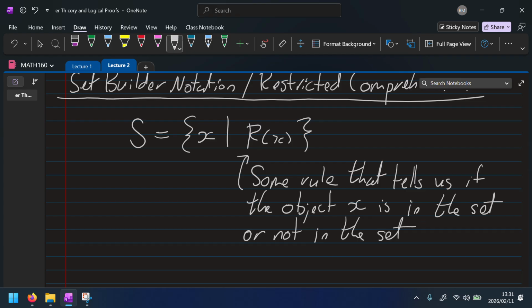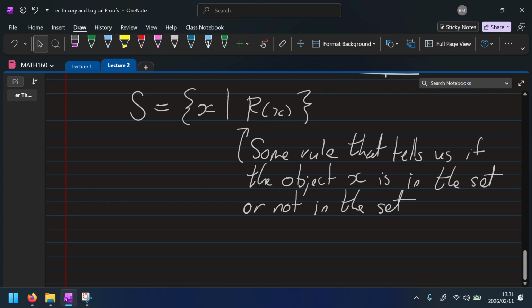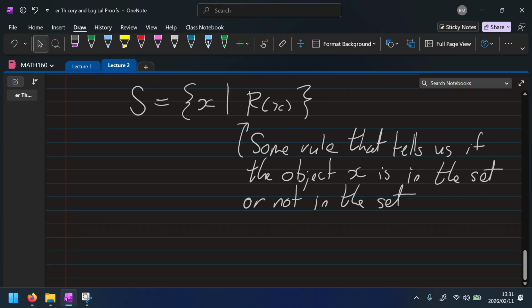Yeah, and it does that by answering a question. It's just a yes or no question. So R of X, if you put some X, R of X is either yes, it is in the set, or no, it is not in the set. Another way of saying it is true or false, right? You all know the binary true or false.